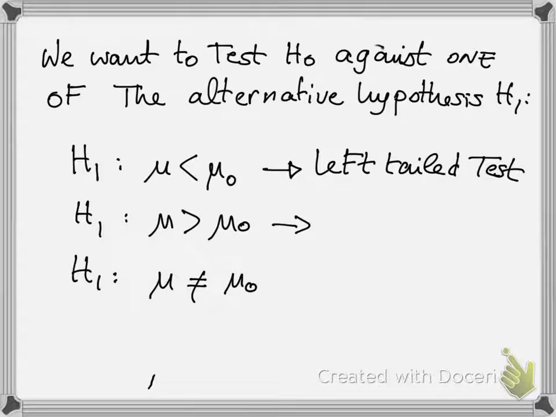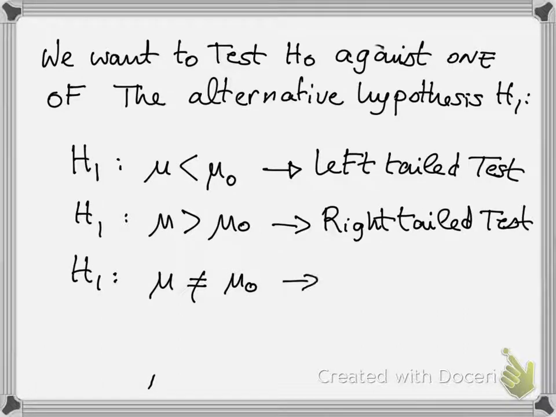If your alternative hypothesis is that your average is larger than the null hypothesis, then it's on the right of mu 0, so it's a right-tailed test. And in case your alternative hypothesis is that the average height of NBA players is different from the prior information based on the study 10 years ago, then that's a two-tailed test.